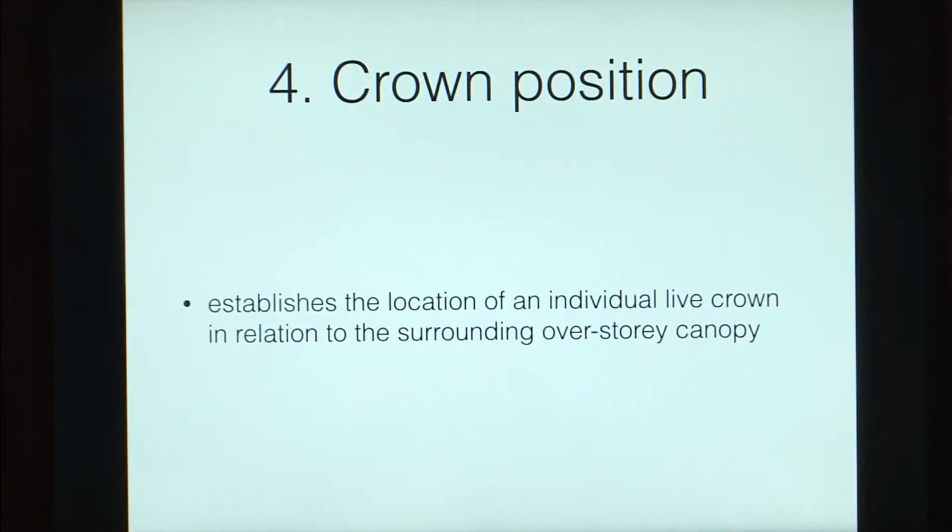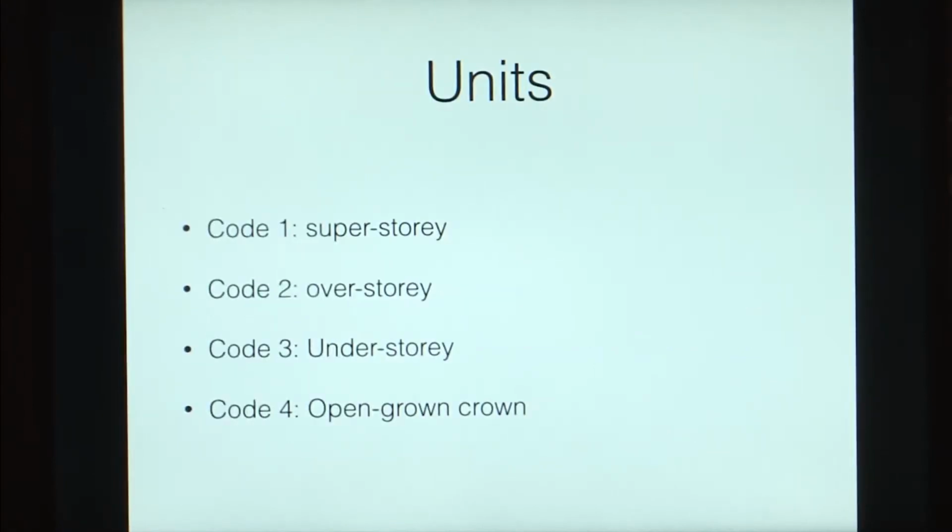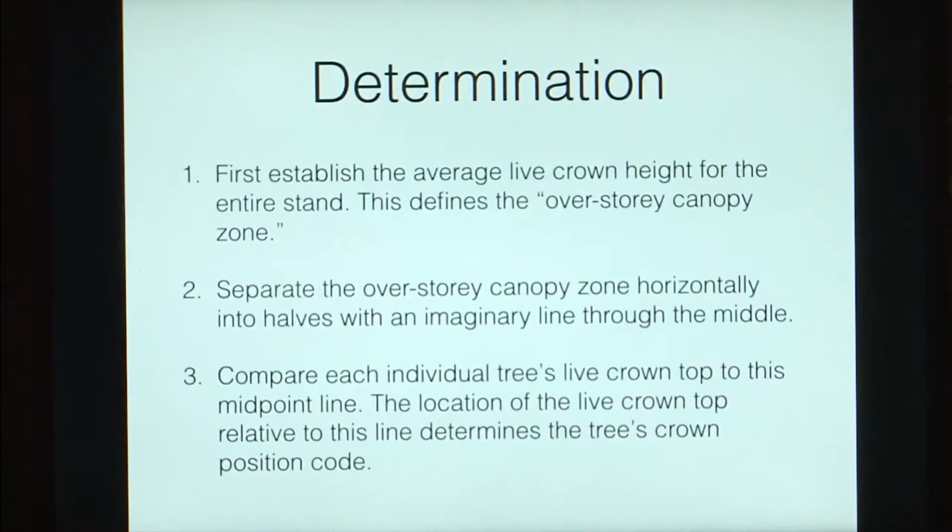So, for every tree you can figure out a crown position in relation to its surrounding overstory canopy. Here we divide it into 4 codes. Code 1 is called superstory, code 2 is overstory, code 3 is understory, and code 4 is an open grown crown.